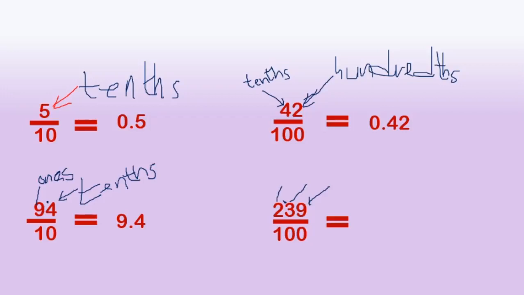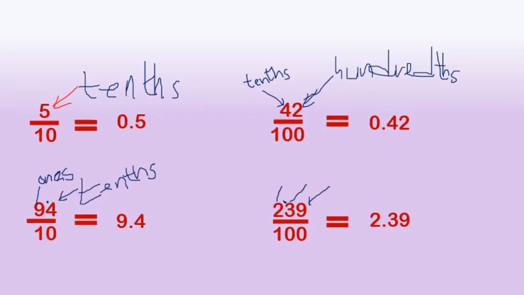So it means that we are going to have 239 over 100 in decimal as 2.39. And that is how we use this strategy to easily change fractions to decimals.